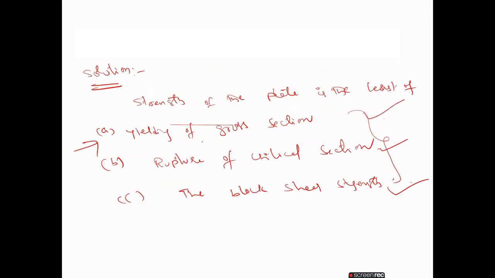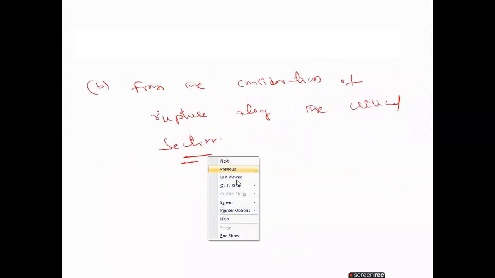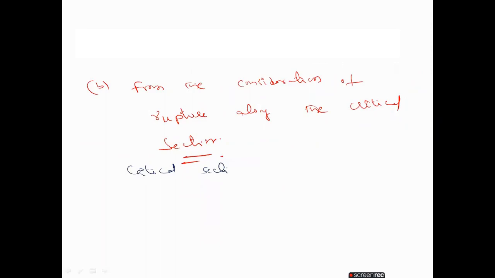So we have to use the 2 bolt diameters. Anyway, I will write it again. Now the critical section has 2 holes.